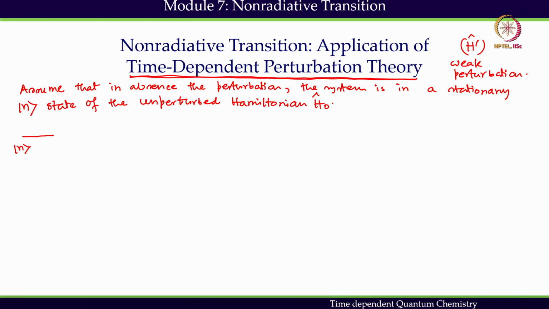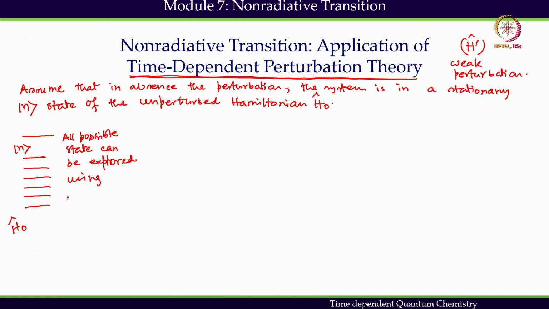How do I get that discrete state? In fact, I can get all the states which are available, in other words the spectrum of the system, from the unperturbed Hamiltonian using the time independent Schrodinger equation, which is H naught psi k naught equals E k naught psi k naught.